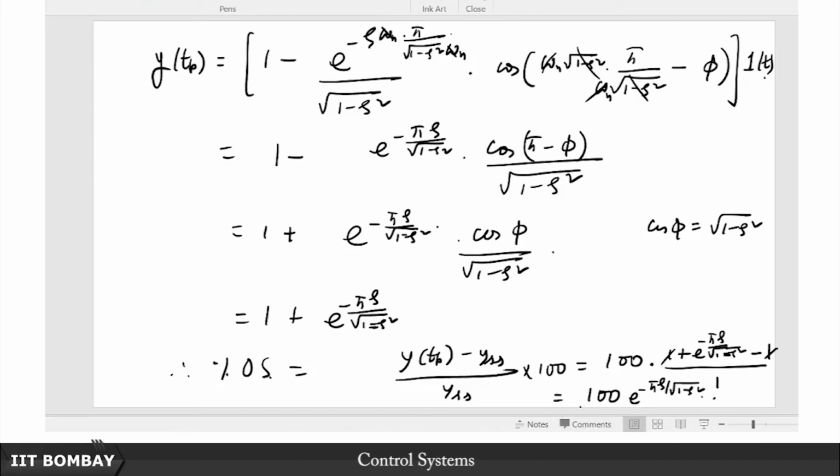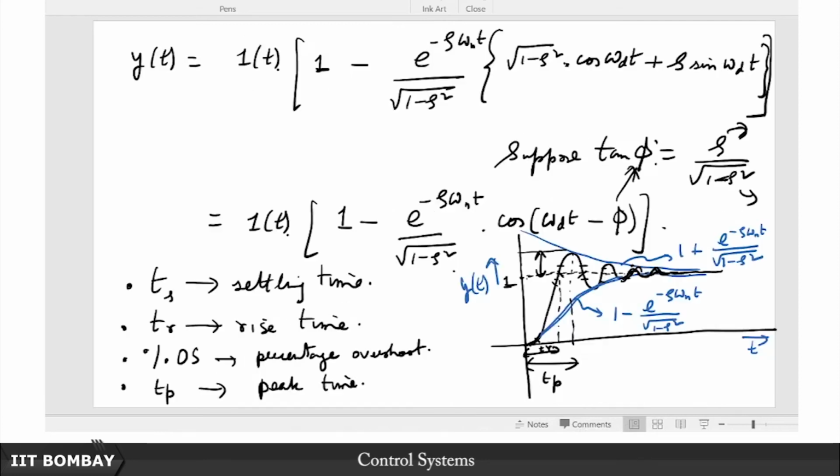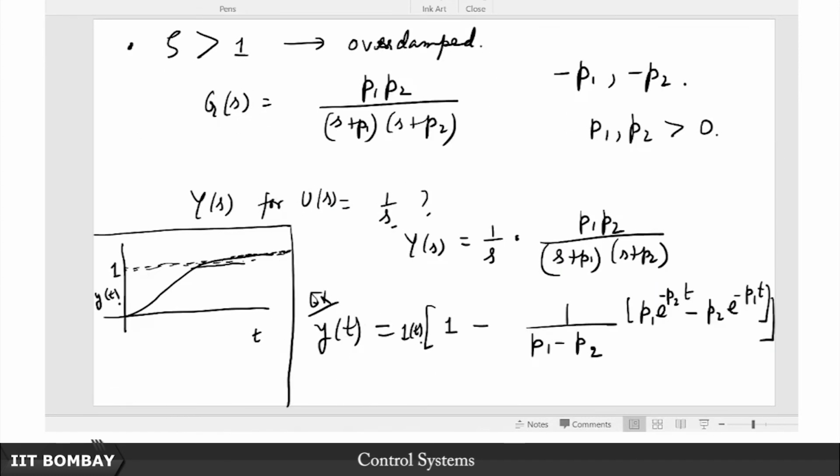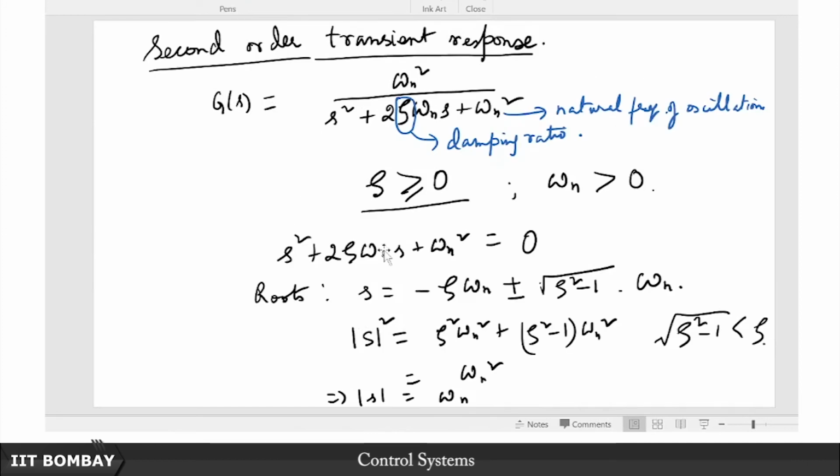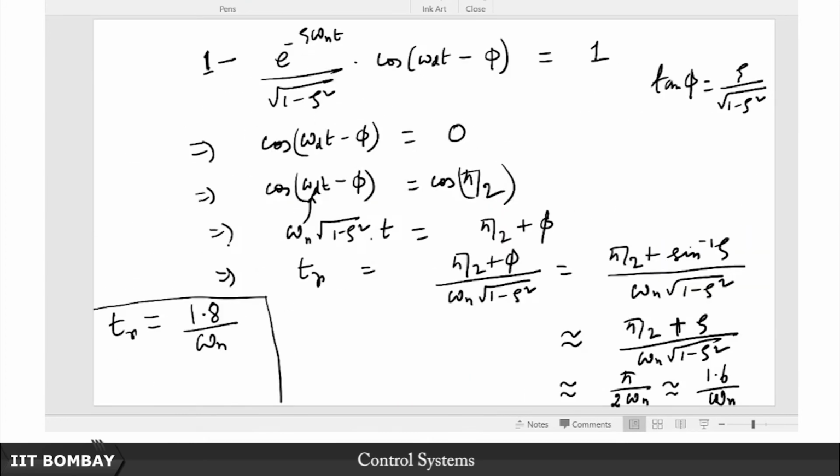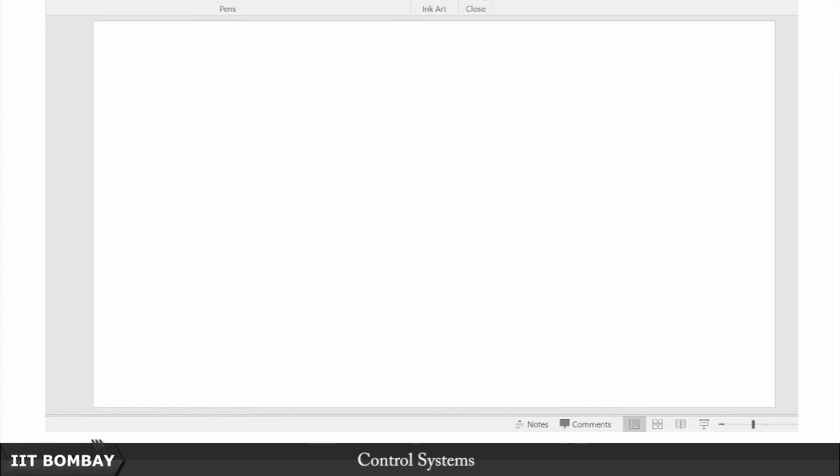So now notice that percentage overshoot is just a function of this zeta, but what is this zeta in the context of the poles that we have derived? Maybe again I revert to this derivation here. What is this zeta? You see, this ratio of the imaginary part to the real part is also a function of zeta, okay. So let me go back now. So we observe that, so this is an observation.